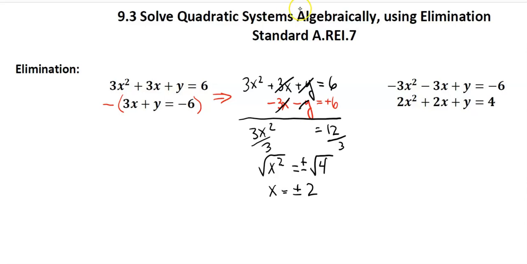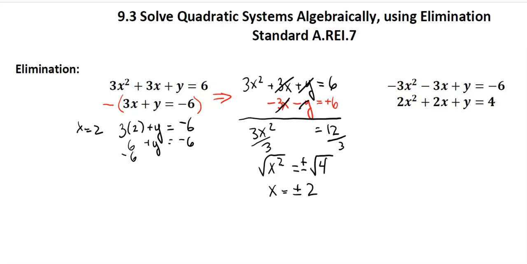We then want to go back and substitute each of those, plus 2 and minus 2, into one of these equations to get the values of y. So I'm going to say 3x plus y equals negative 6. Let's first take x equals positive 2. 3 times 2 plus y equals negative 6. And 3 times 2 is 6, plus y equals negative 6.